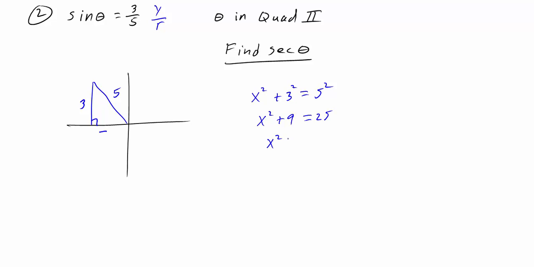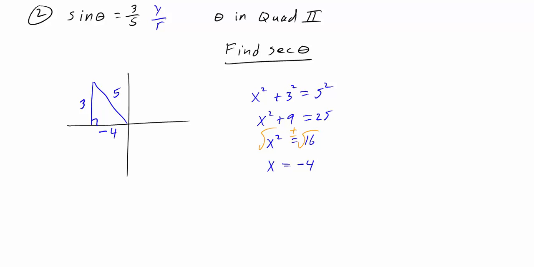So therefore, x squared is equal to 25 minus 9, which is 16. So that means we would get the square root of 16. And keep in mind that means it would be plus or minus. And we already know that it's got to be a negative because we're going to the left. So therefore we have a negative 4.